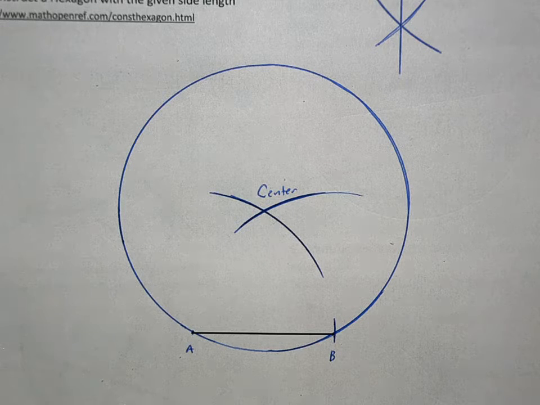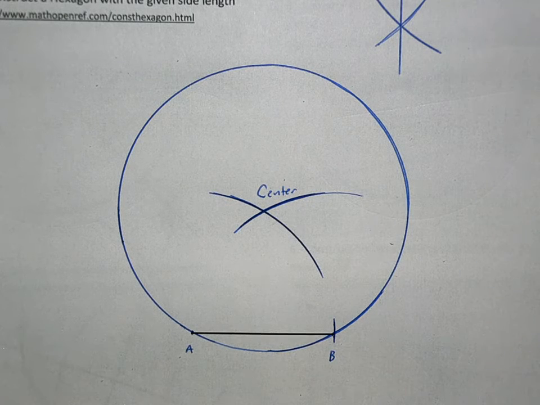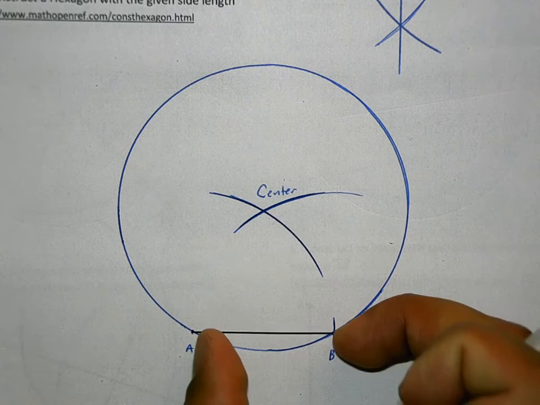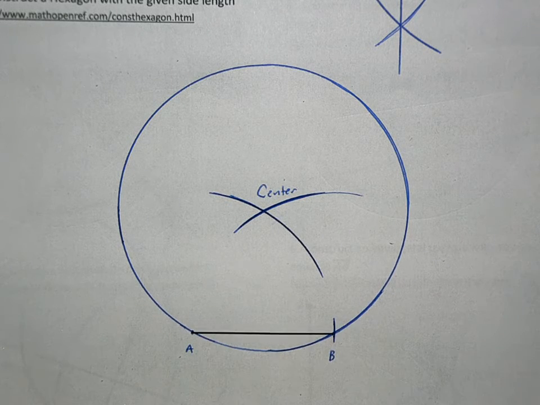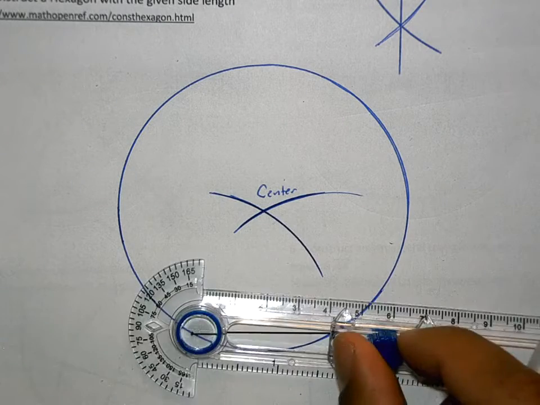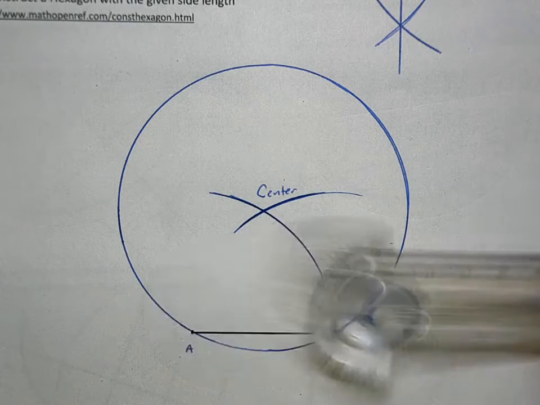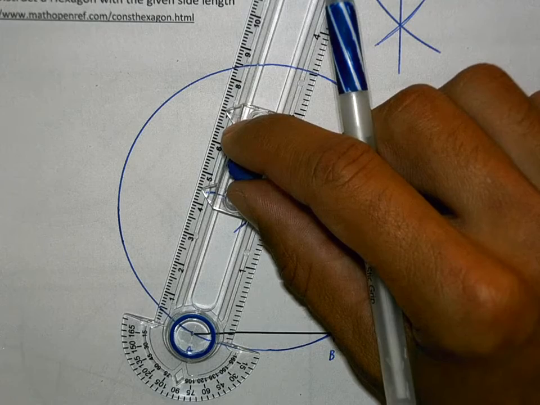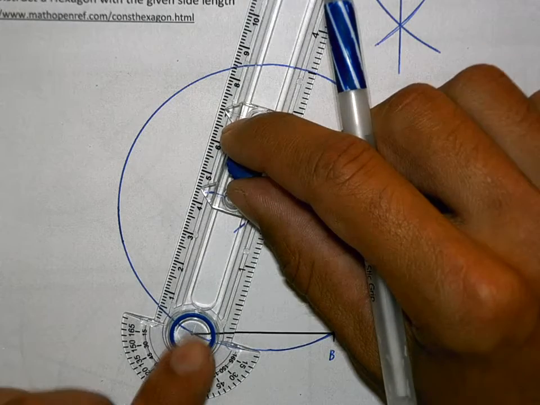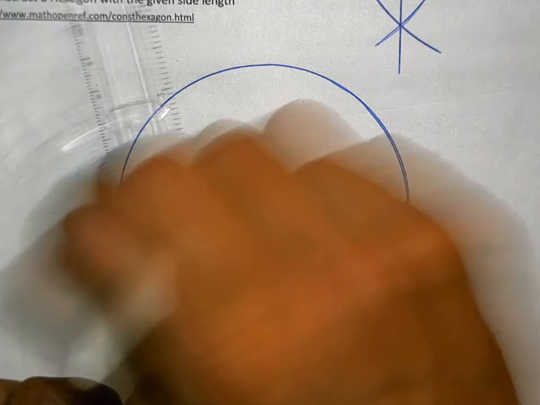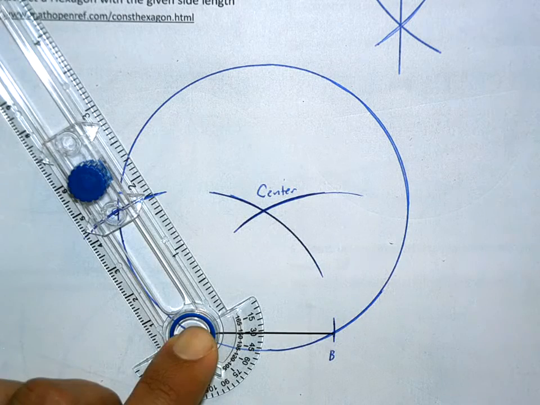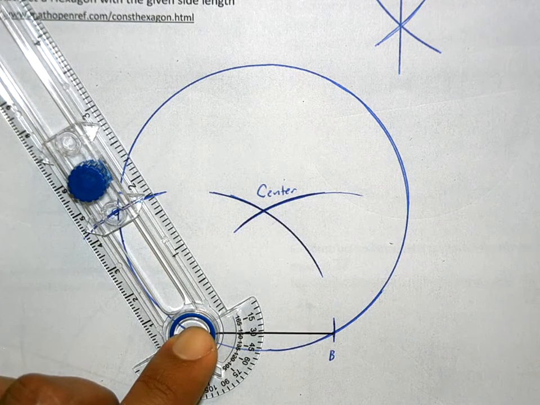Here we go. All we have to do now is take AB's distance, put the bullseye on A and find how far that is over to the side. Make a mark, from A to the left side. That's your first mark.